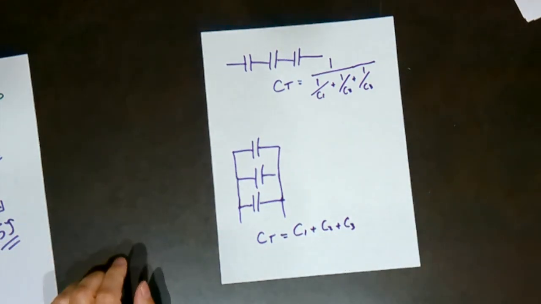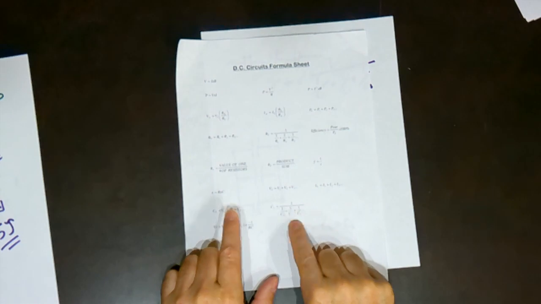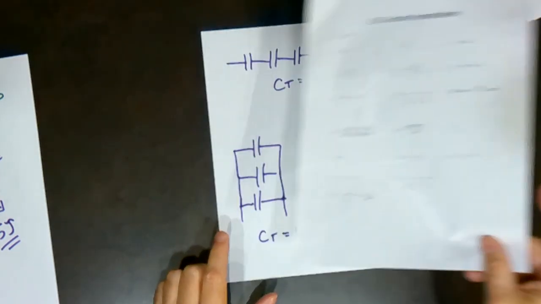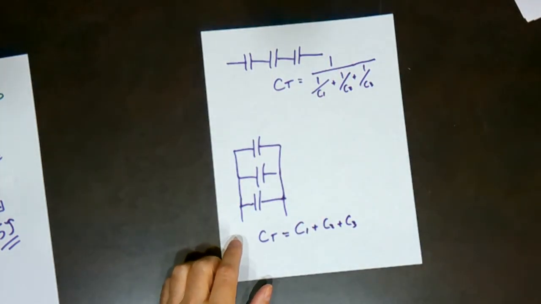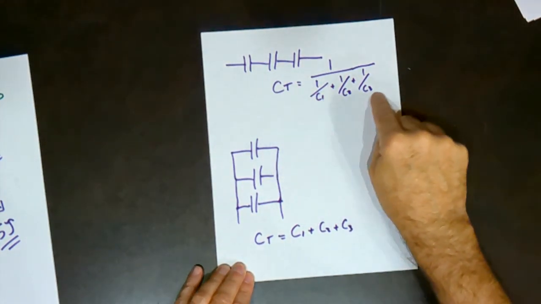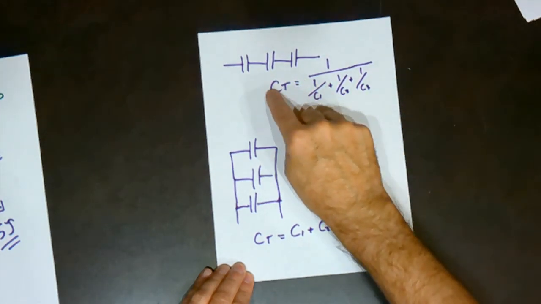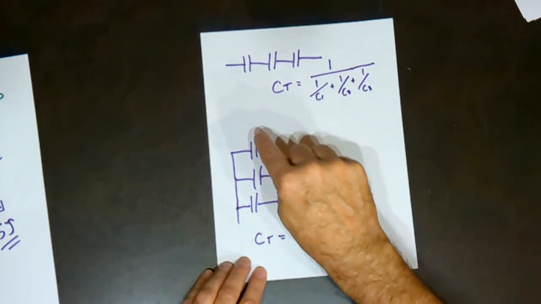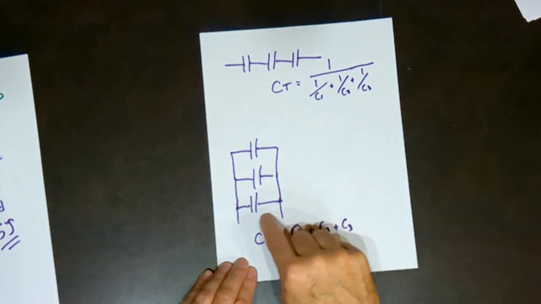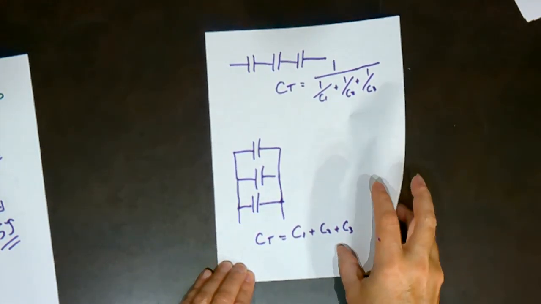And these formulas are also on your formula sheet near the end. So, capacitors in series, you use the same formula as resistors in parallel. Capacitors in parallel, you use the same formula as resistors in series.